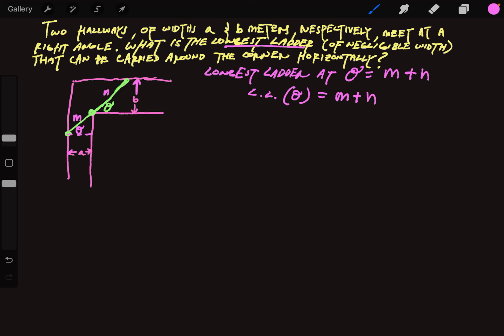At any point, if the ladder is longer than the longest possible ladder for any of those angles, then that ladder is too long. So the longest ladder at theta is the longest ladder that I can navigate around the corner. And that's the trickiest part about this, at least conceptually, seeing that you want to minimize this function.